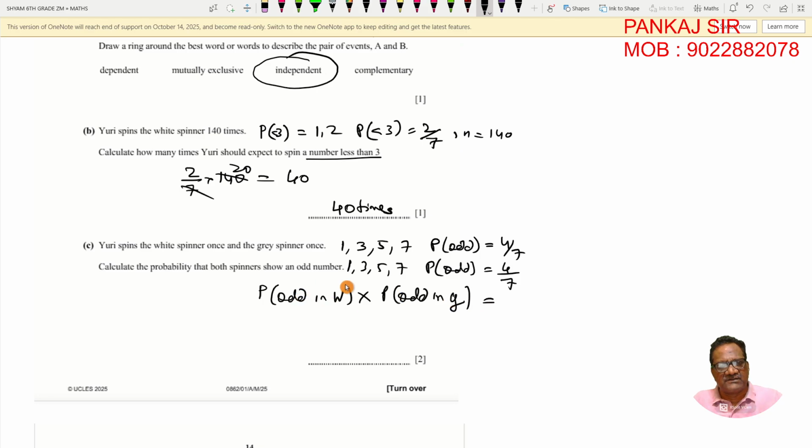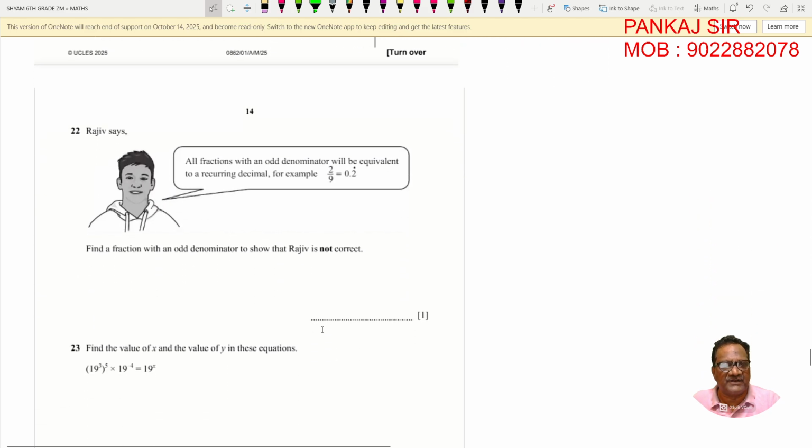So this is 4 upon 7 times 4 upon 7, so the answer will be 16 over 49. Here the answer is 16 over 49. Okay, so that is question number 21. Now let us go for 22.